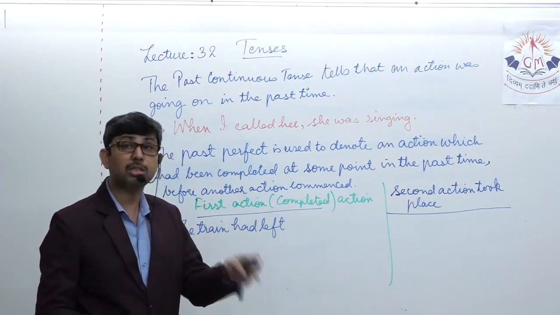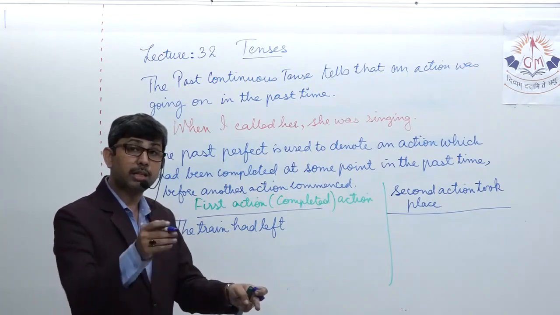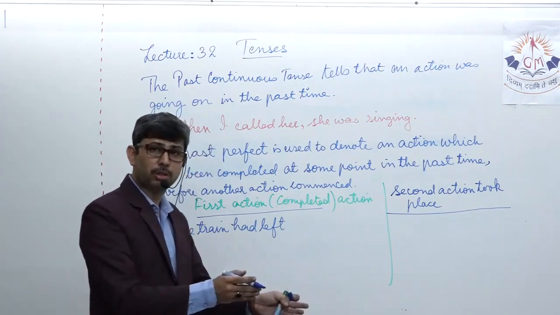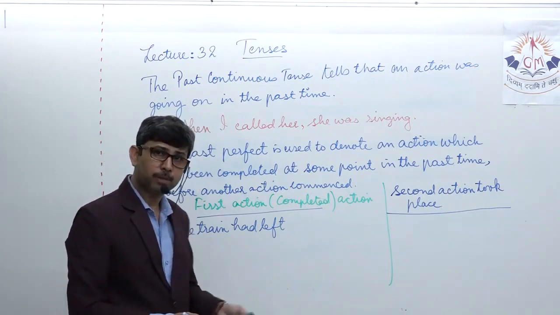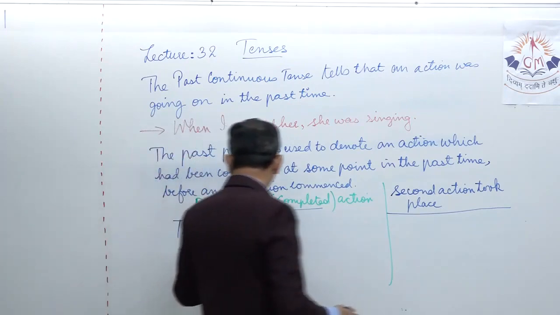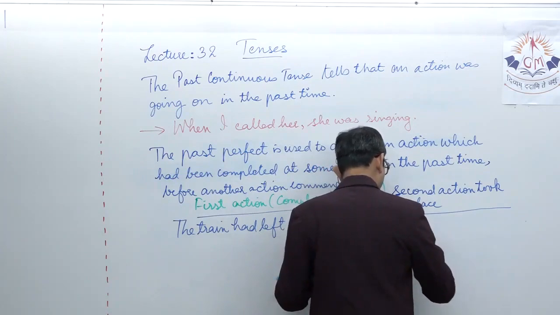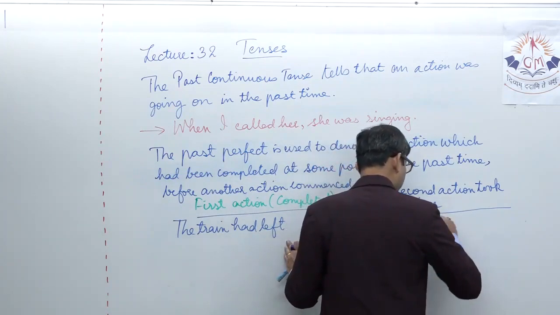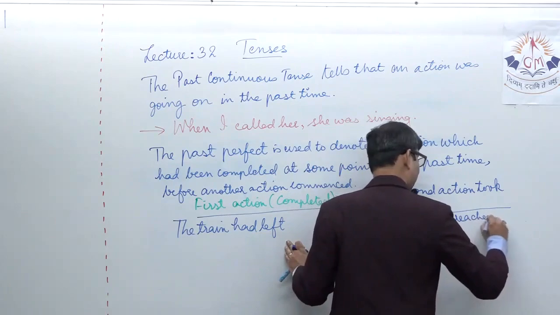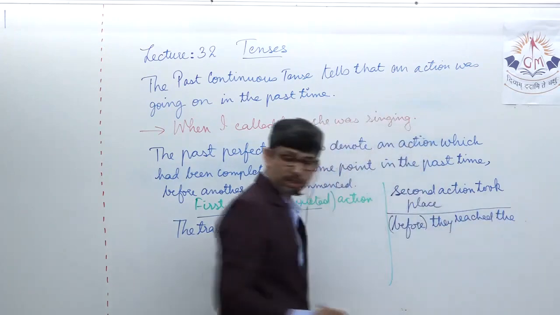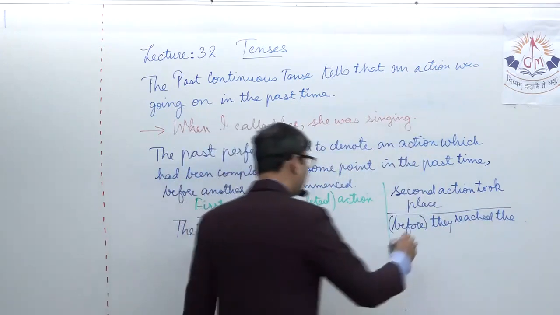Before they reached the station. Somebody was supposed to reach the station, but they were not able to reach over there. Therefore, I write it, the train had left before they reached the station. So you see what happened over here?